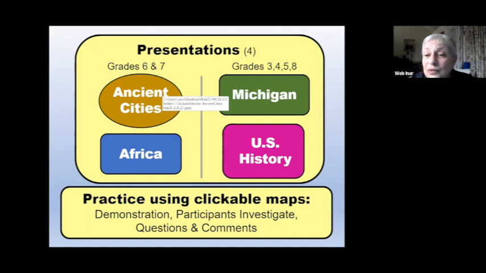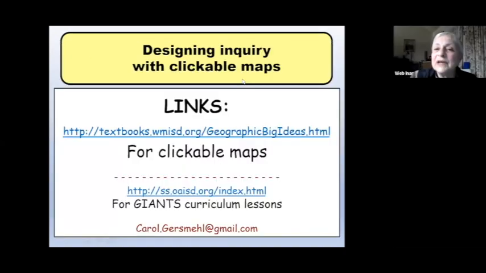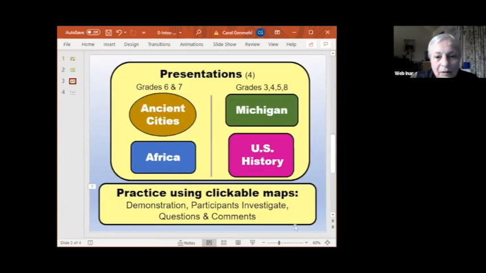I can go to U.S. history, where we have clickable maps. Yes. Okay. I'll read them to you. Let me go to Michigan. It's usable in many grades, and we will. Oops. Back up. I gotta back up. Michigan, you want it? All right.